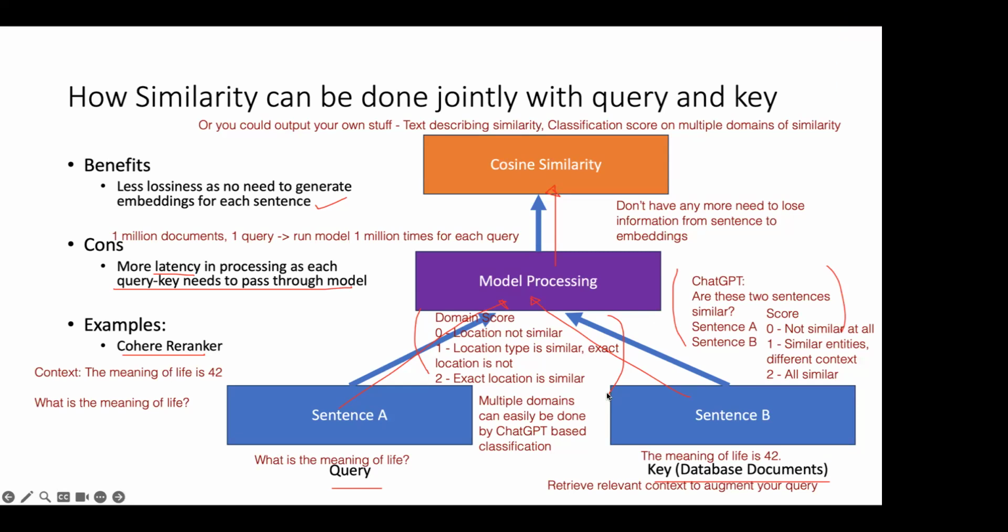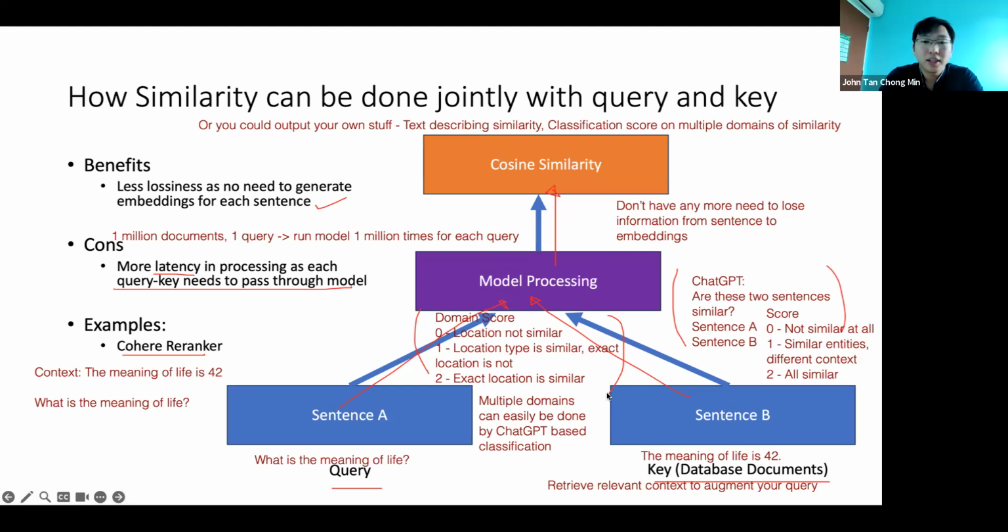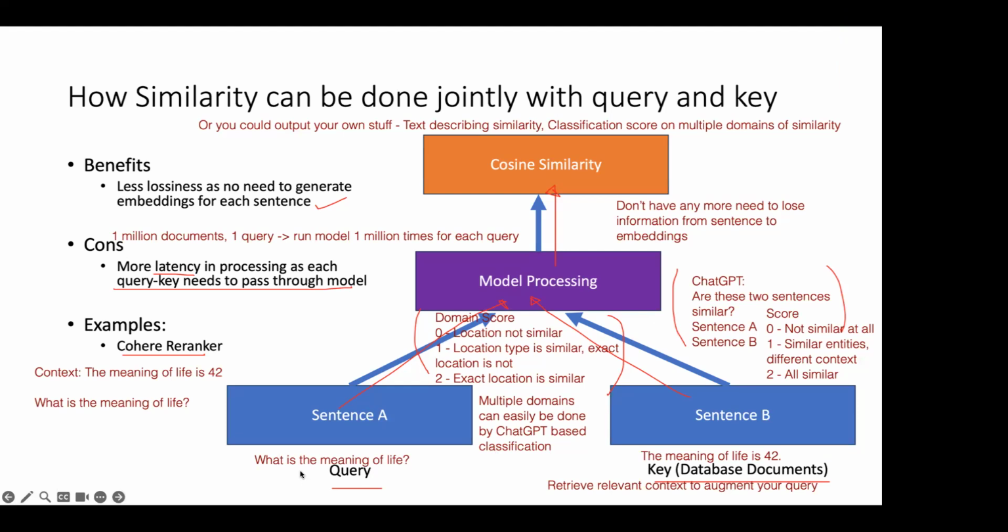You want to compare someone's different responses on the meaning of life, before they had a fight with their spouse, or if they hadn't had a fight with their spouse. So for most people, you want to put the context in the query itself, is it? Yeah, that's possible.